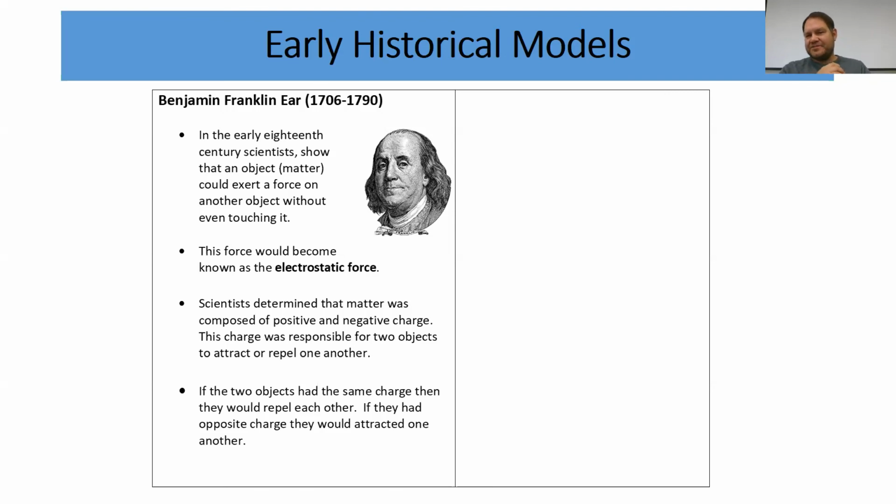Some materials had an excess of what we call negative charge, and some materials had an excess of positive charge. If you had negative charge and positive charge, then the two objects seemed to attract one another without actually coming in contact with one another. Or if the two objects had the same charge, so if one had positive and the other one had positive, they would repel. They would move away from each other. Or if they were both negative, they would repel and move away from each other.